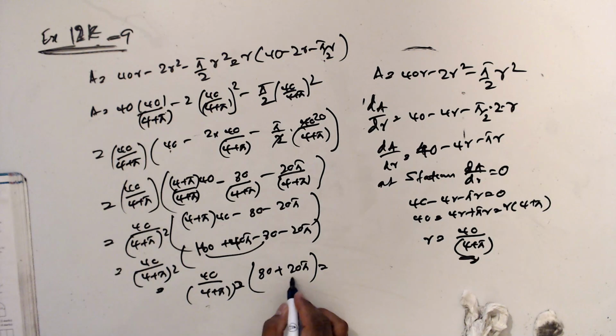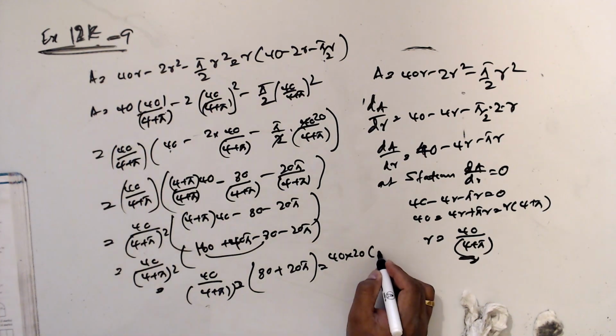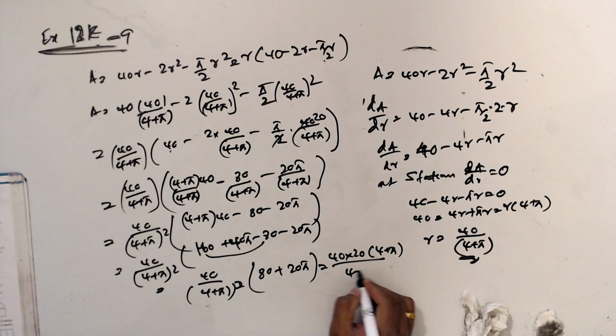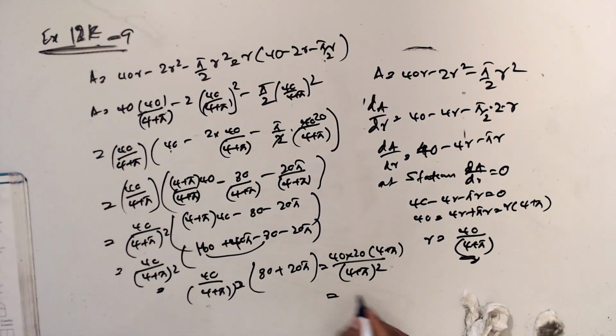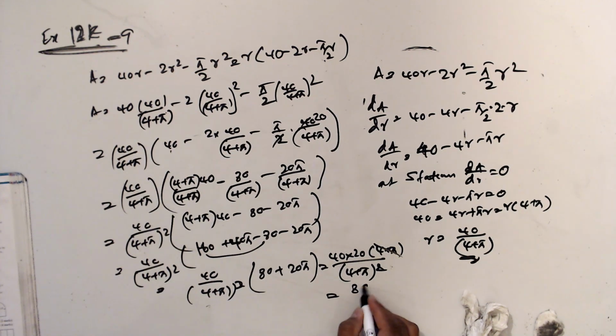If I take 20 out, 40 times 20, this is 4 plus 5, and this is 4 plus 5 square. So basically this cancels out, and this is 8800 over 4 plus 5.